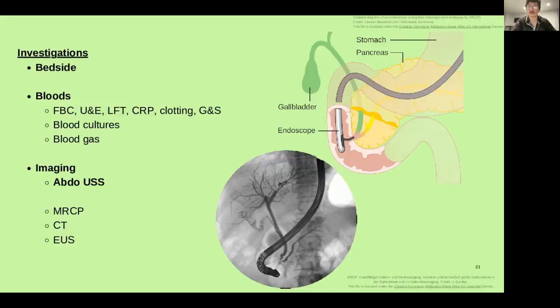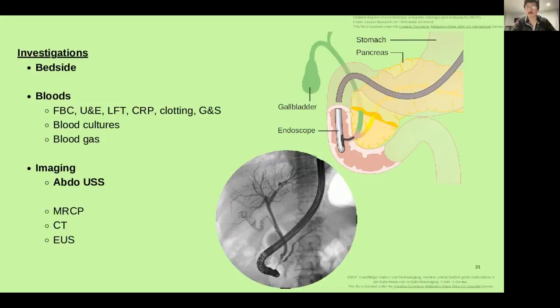You can maybe do an MRCP to have a better look at the anatomy, or to better see the common bile duct, and where exactly the obstruction is, where the stone is, or where the malignancy or lesion, whatever it is.